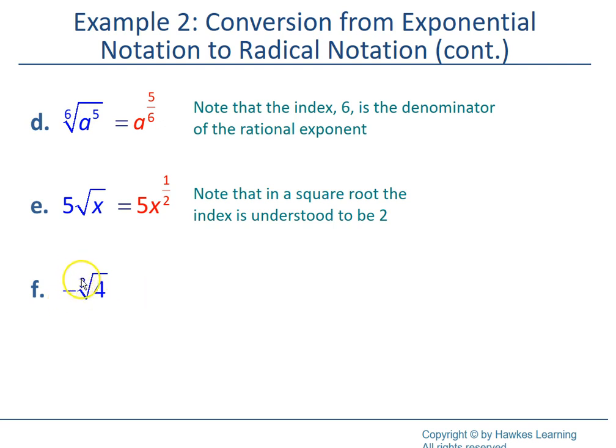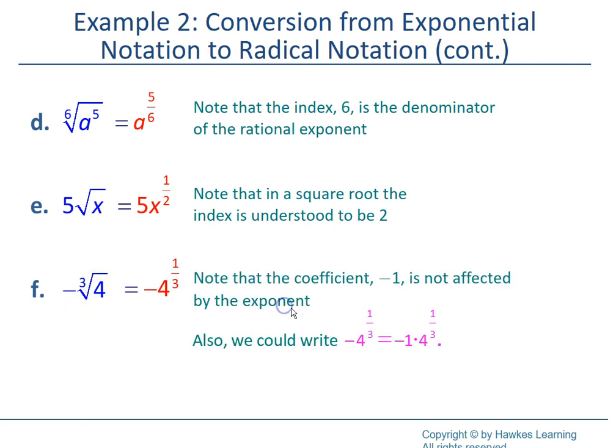And again, there's a 1 out here. So this is going to be 1/3, a -4 to the 1/3 power. There you go. And they're showing you that, in a sense, it's a -1 times that.